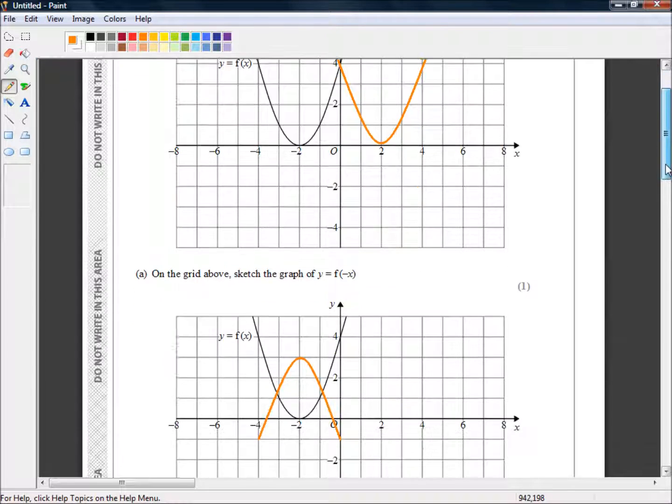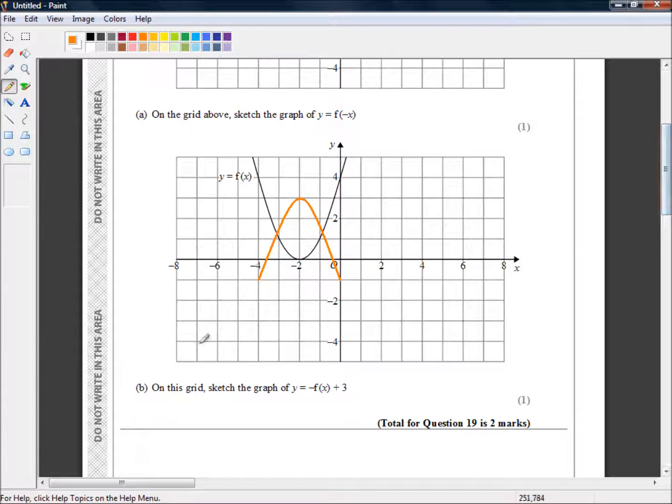Okay, so on part B, it says on this grid, sketch the graph of y equals negative f of x plus 3. Now, negative f of x, unlike f of negative x, is a reflection around the x-axis. So this time we're pretending the x-axis is a mirror.